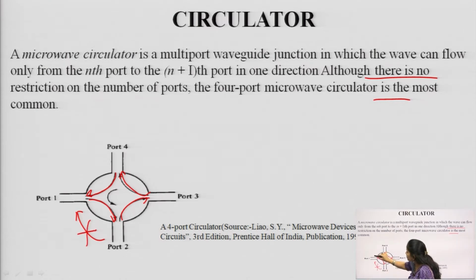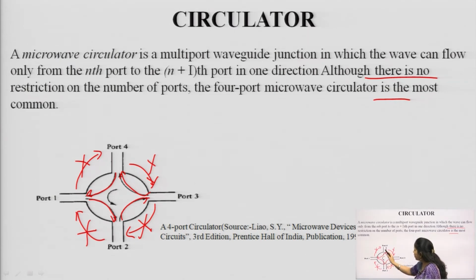It is not possible for the signal to flow from 1 to 4, and it is also not possible from 3 to 2 and from 4 to 3. So, 1 to 2 is possible, 2 to 3 is possible, 3 to 4 and 4 to 1. This is an example of a 4-port circulator. Circulators with more than 4 ports are also possible.